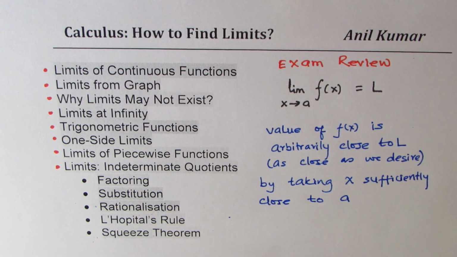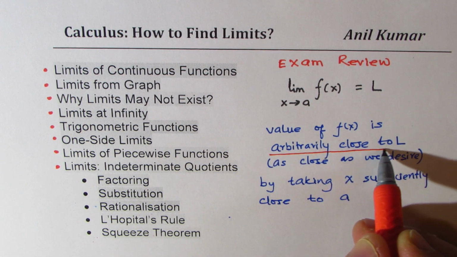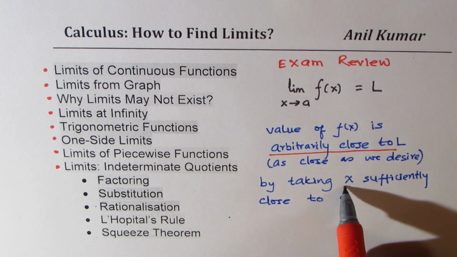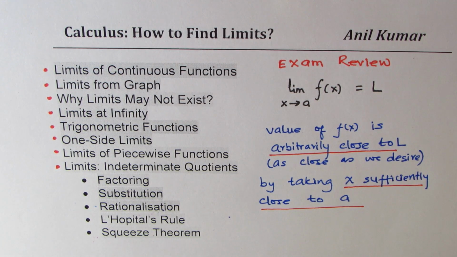That's what it means. So I hope the statement is clear. So we are going arbitrarily close to L as x is sufficiently close to a. That is the basic concept of limit which we have learned.